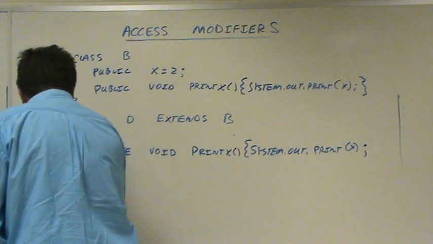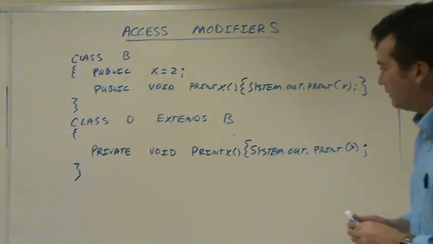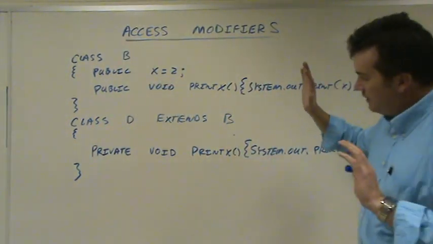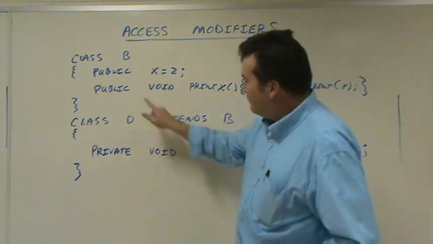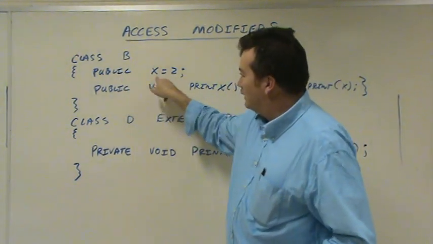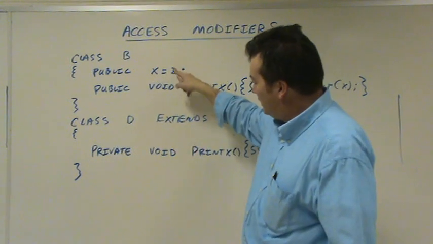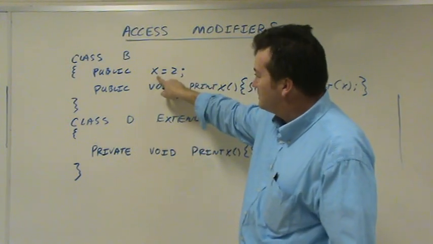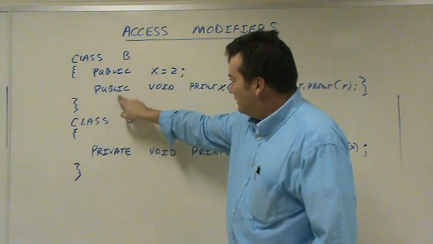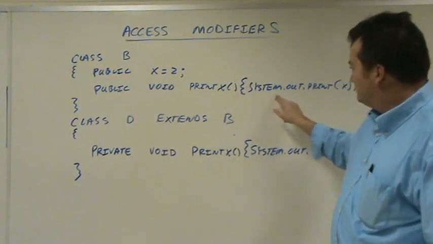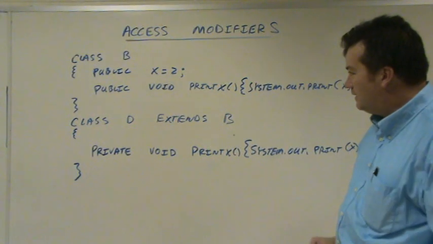Okay, so now what we've done here, would you allow this if you were designing the language? I've moved X to now become public, so now it's open to the whole world. In D, we inherit a copy of X that we can access. We had a public method called printx. It takes the value of X and prints it out.